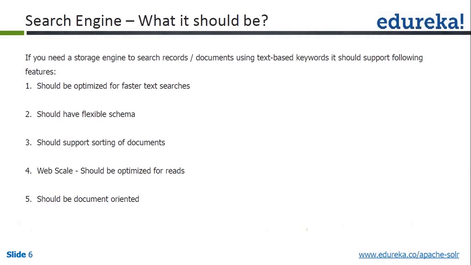Along with that, the search engine should be document oriented as well. Why? Because everything which is displayed to the user is displayed in the form of a document. So everything comes in handy when we have a document or record based system, right? So everyone is aligned that we should have a system which supports all of these features.